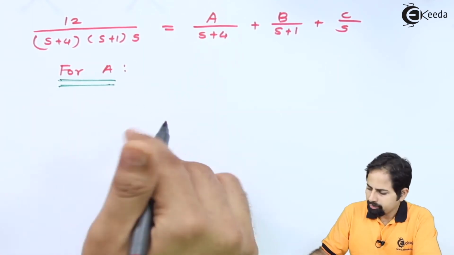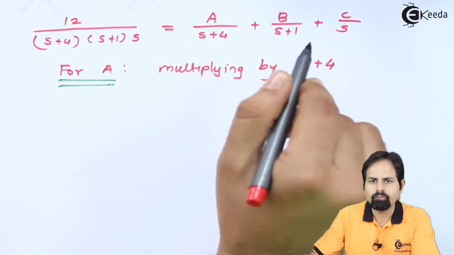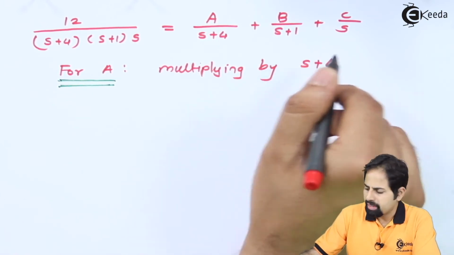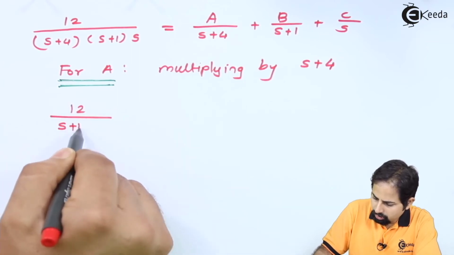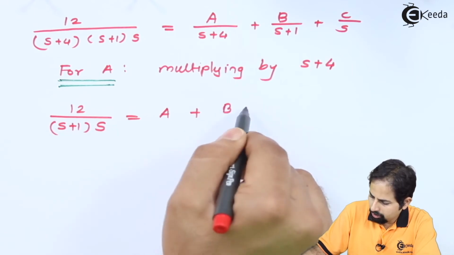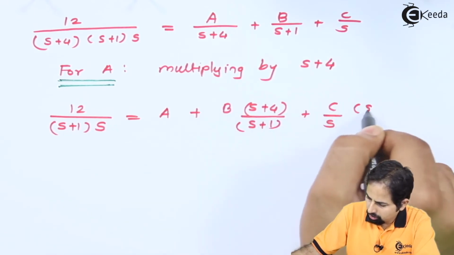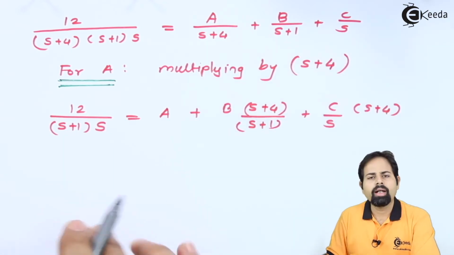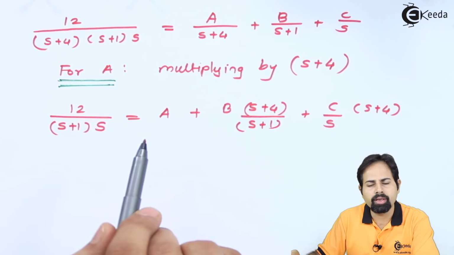So for a, we'll multiply both sides by s plus 4, and so the left hand side will give me, and on the right hand side, and now you can see if I substitute s equal to minus 4, both b and c will become 0.